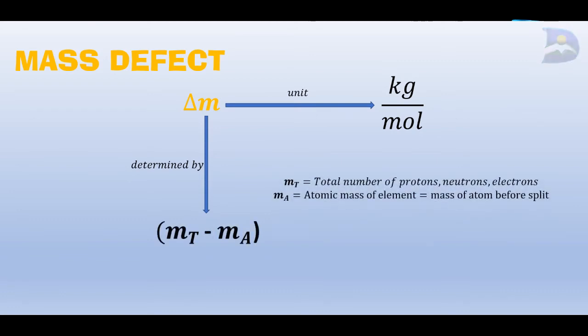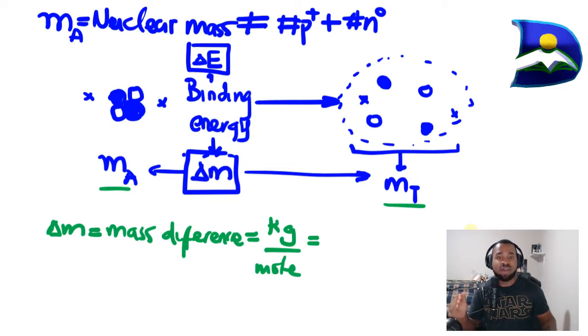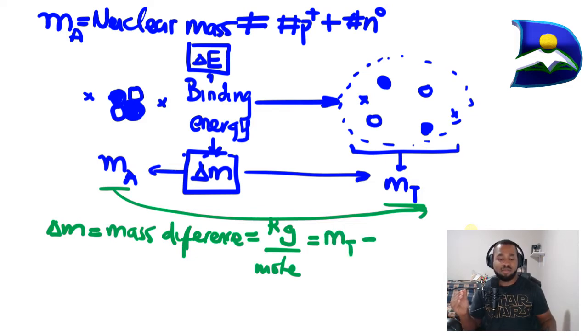So in here, what we have to do is move this to the other side, and in that case the mass difference is going to be the mass total minus our mass atomic, so the whole atom mass, that is when they are together.